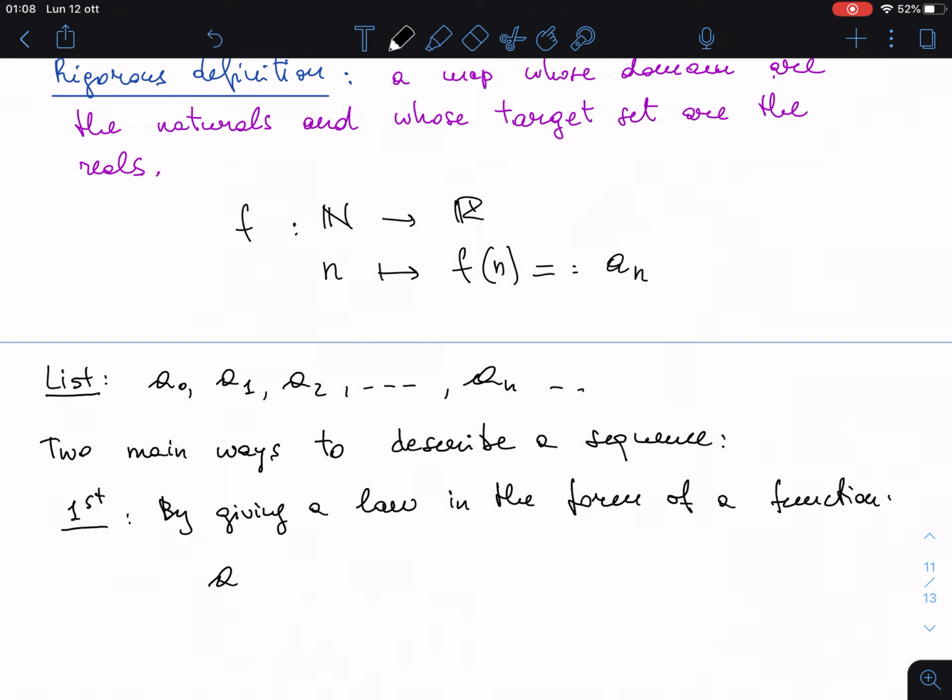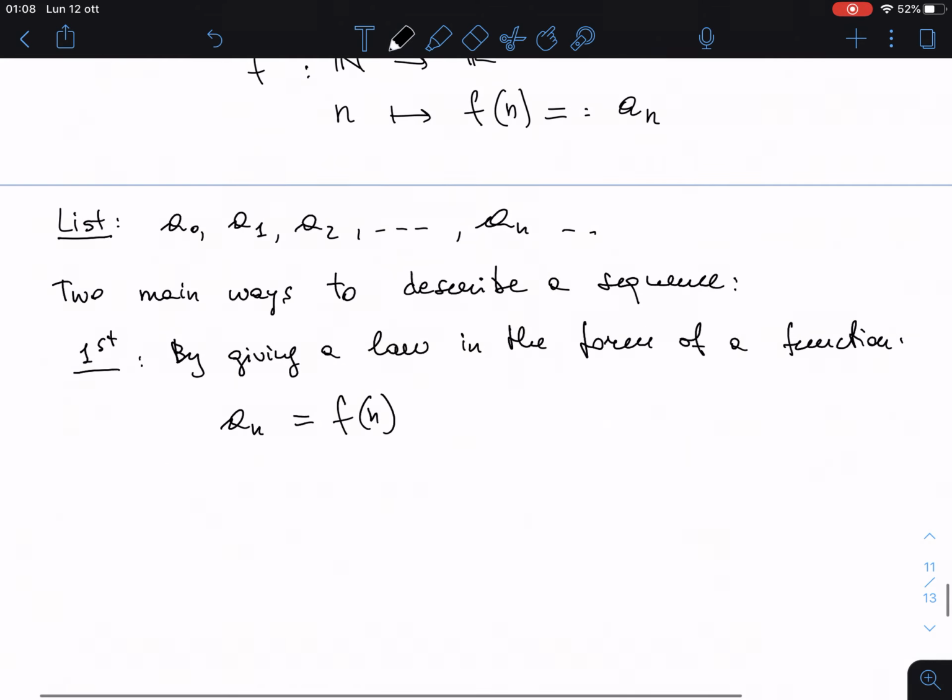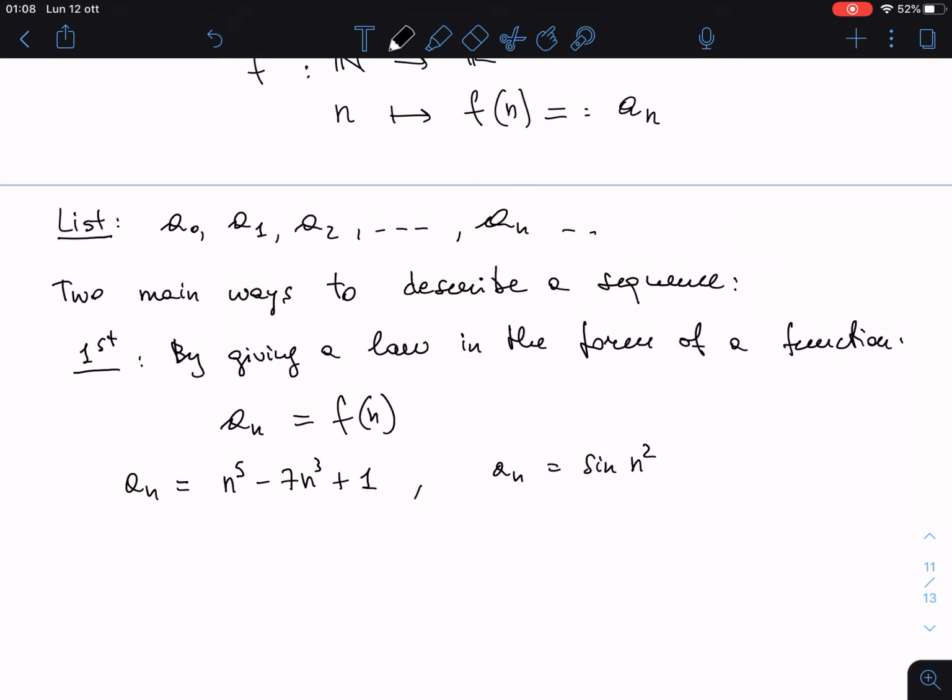So a_n is equal to some function f of n. Example, a_n equal to, I don't know, some polynomial, n to the fifth power minus 7n to the third plus 1, for instance. Or a_n equal to sine of n squared, for instance.